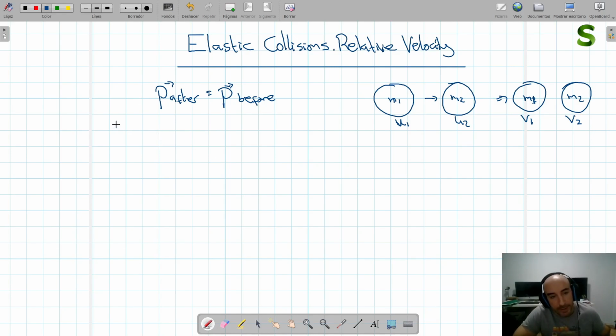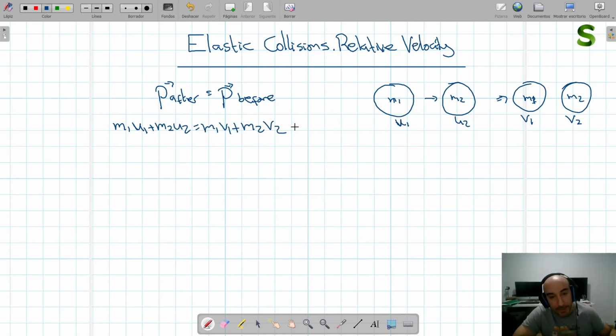So if we apply that momentum is conserved, we know that m1 u1 plus m2 u2 equals m1 v1 plus m2 v2. So here I'm applying that the momentum, which is the mass times the velocity of each object, initially equals the final momentum of each object. Okay?